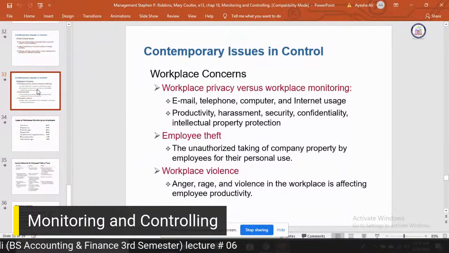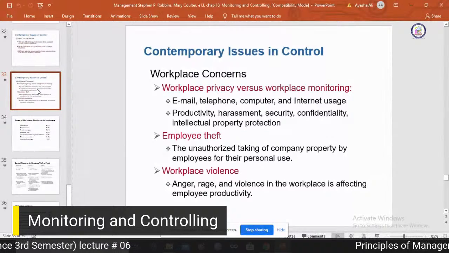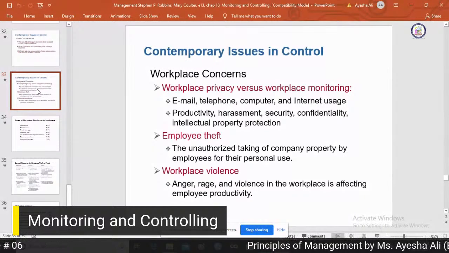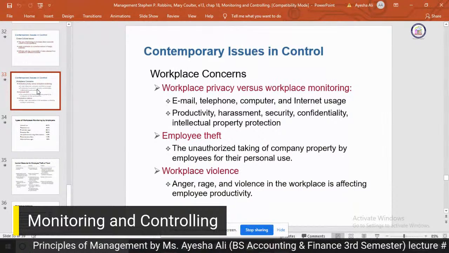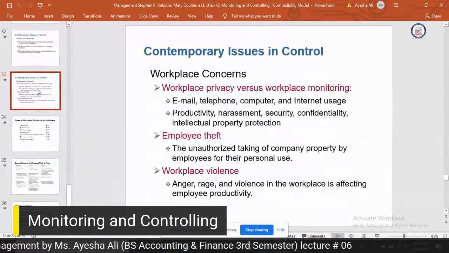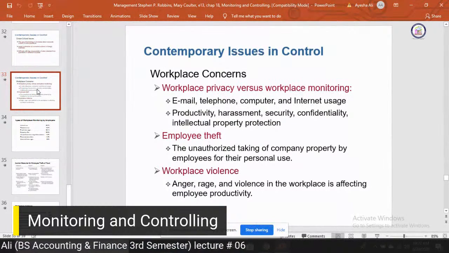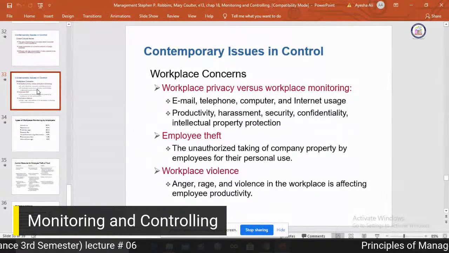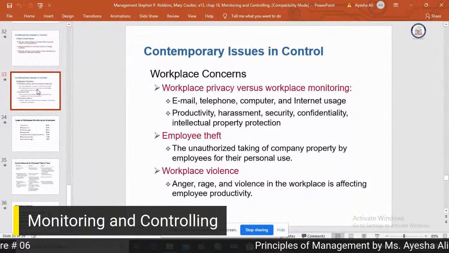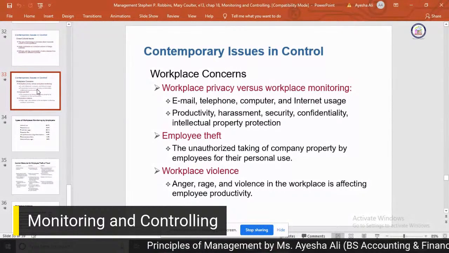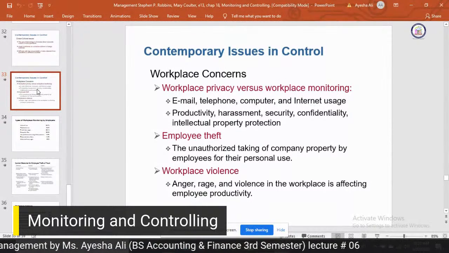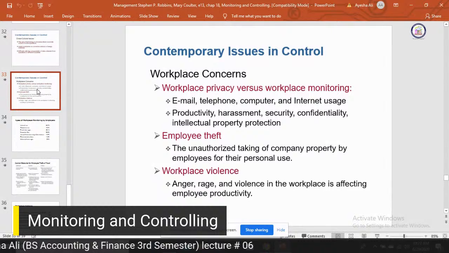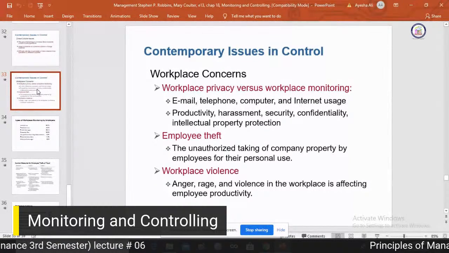So then we have the employee theft. In employee theft, basically the employee is taking the company property for personal use. So it's illegal and unethical. But most of the employees are doing this. They steal money.